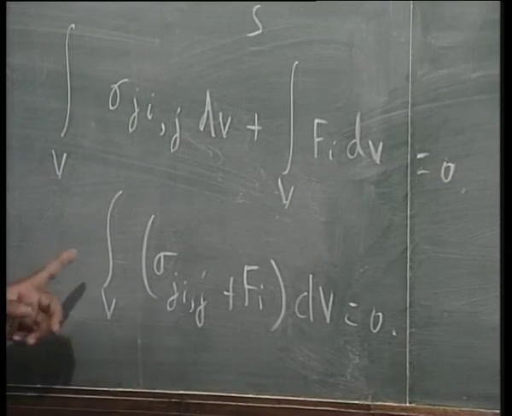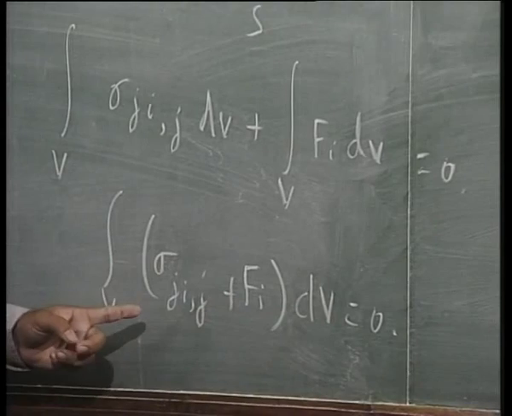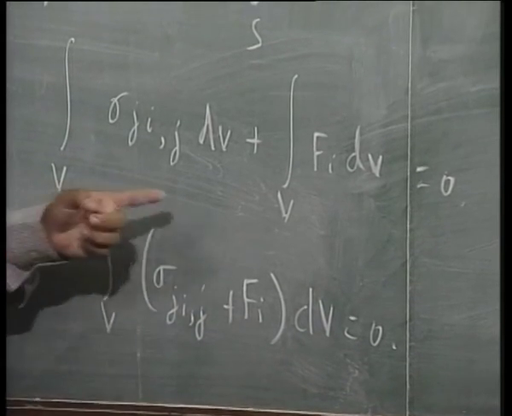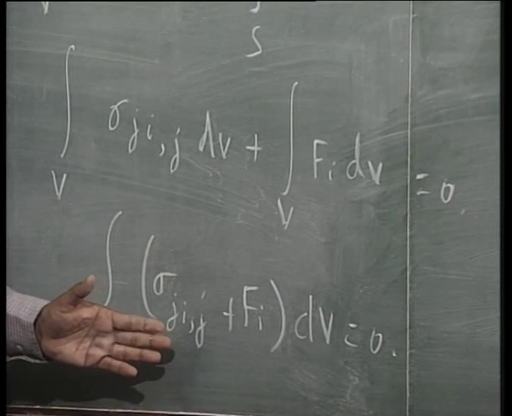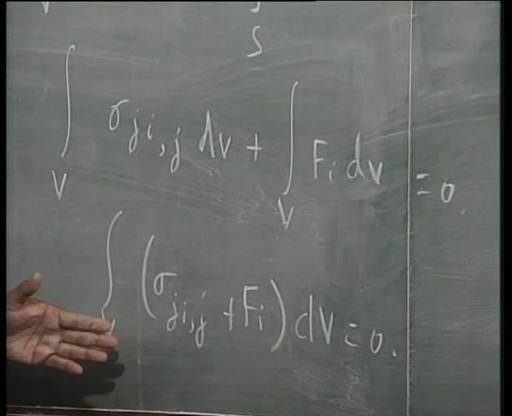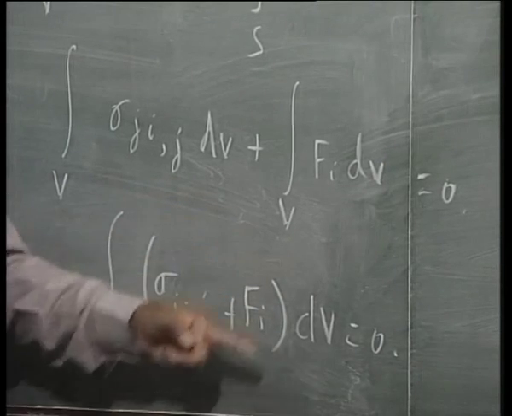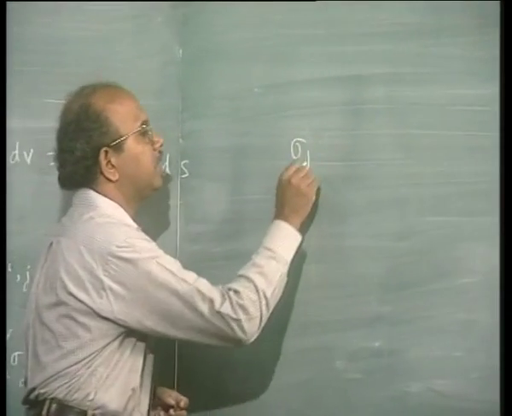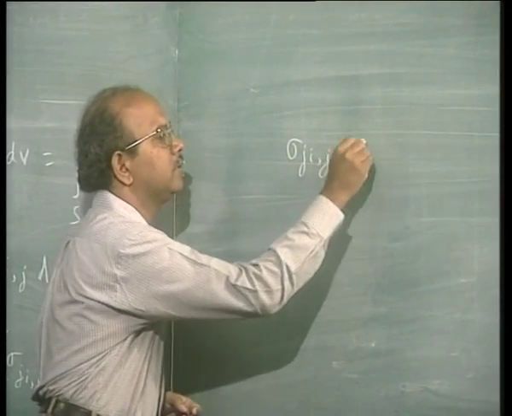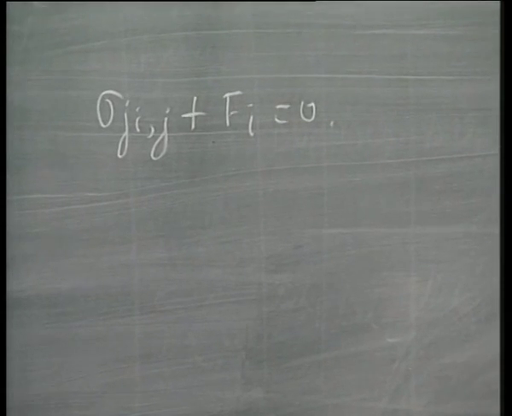That means that when this total integrand is going to be 0, it is not 0 in an average sense, but it is 0 at every point. In other words, I get sigma ji comma j plus fi is equal to 0.